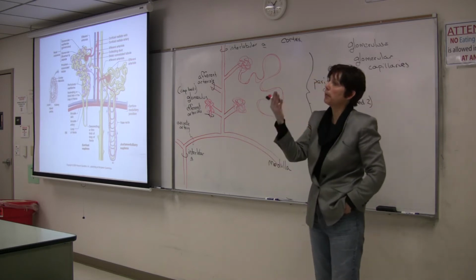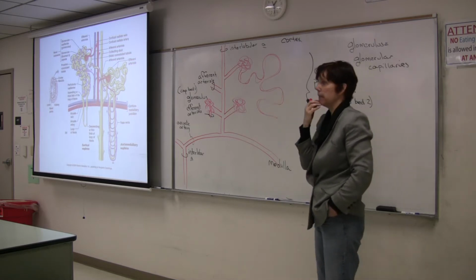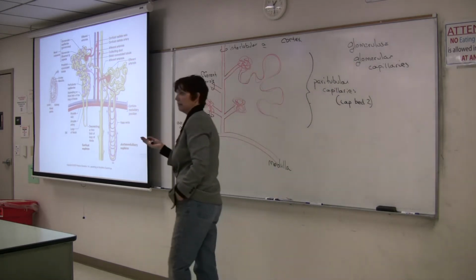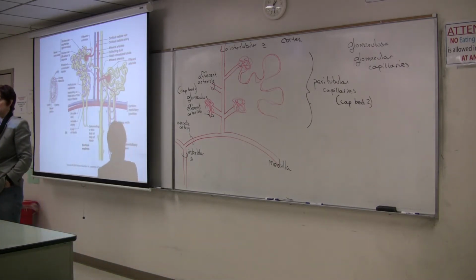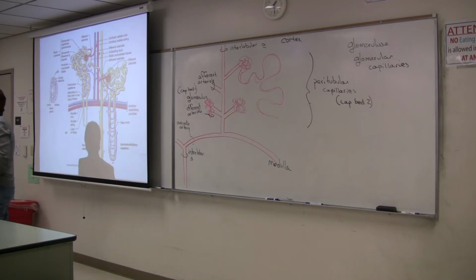What was the overall purpose for having 2 beds of capillaries? What happened in cap bed 1? 2 things. Hormone levels, such as estrogen or progesterone or thyroid hormone, left the capillaries and went into the hypothalamus where receptors could see what level those hormones were at. What did the hypothalamus add to the blood in cap bed 1 to be sent to cap bed 2? Releasing factors, right?